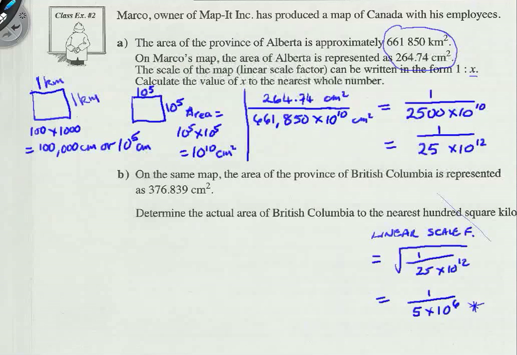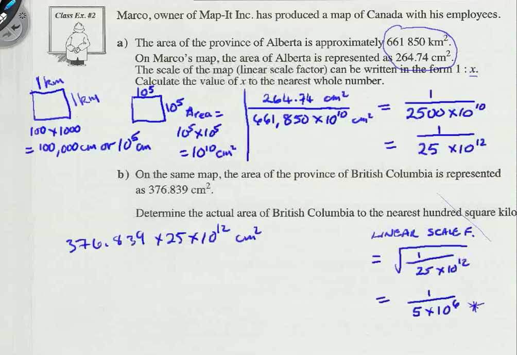So we will get 376.839 times 25 times 10 to the 12, and that will give us an area in square centimeters.